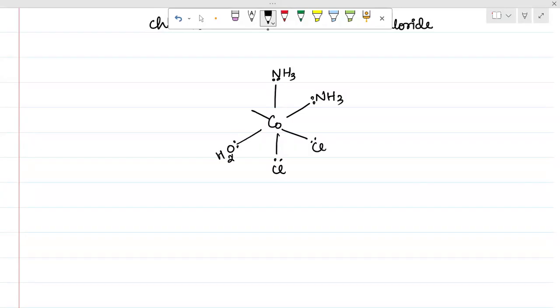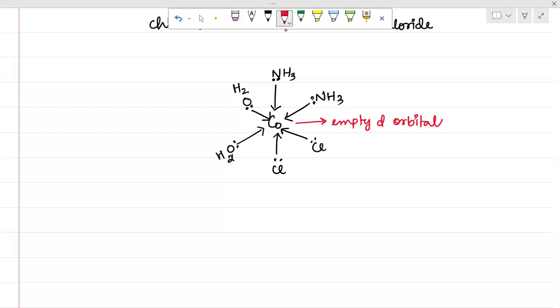Oxygen is the donor, correct? So we can see lone pairs on nitrogen are donating, lone pairs on chloride are donating, lone pairs on water are donating. So you can either show it like this or the coordinate bond can be shown like this as well, from the ligand to the metal. Now, where do these electrons go? Okay, the electrons are taken up by the empty d orbitals.